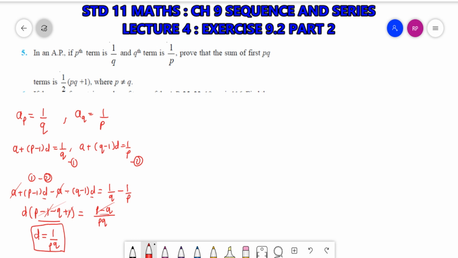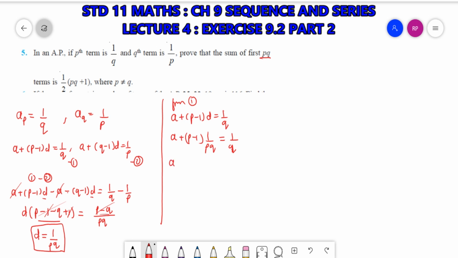We got the difference. And to find out the sum of the first PQ terms, I also need to find out the first term. So now from equation 1, it is given a plus (p minus 1)d equal to 1 by q. So this will be a plus (p minus 1), instead of d I will write 1 by PQ, equal to 1 by q.